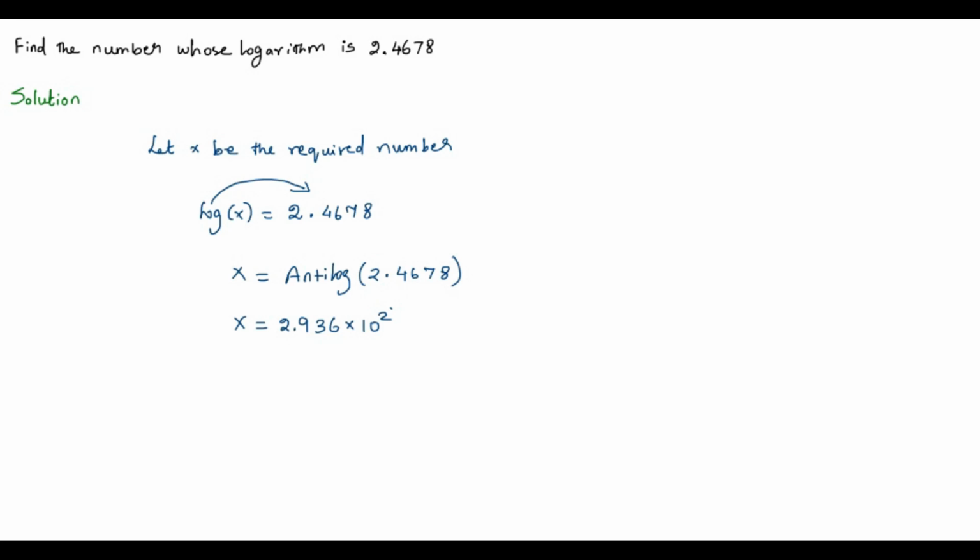And we already know the value of 10 squared is 100. If I multiply a number by 100, the decimal has to be moved 2 digits to the right. Then I get x is equal to 293.6. So this is the number for which logarithm is found, and the result received is 2.4678.